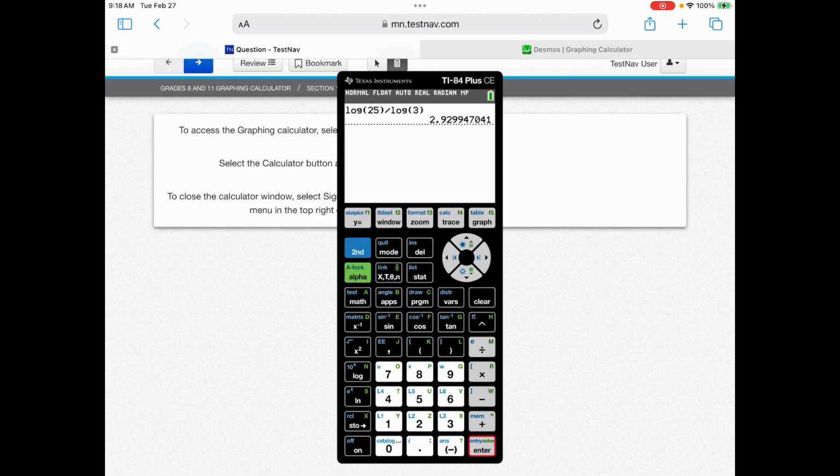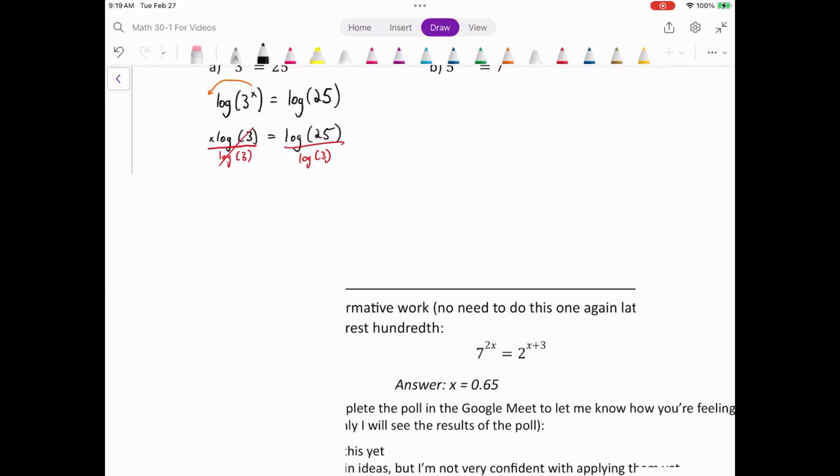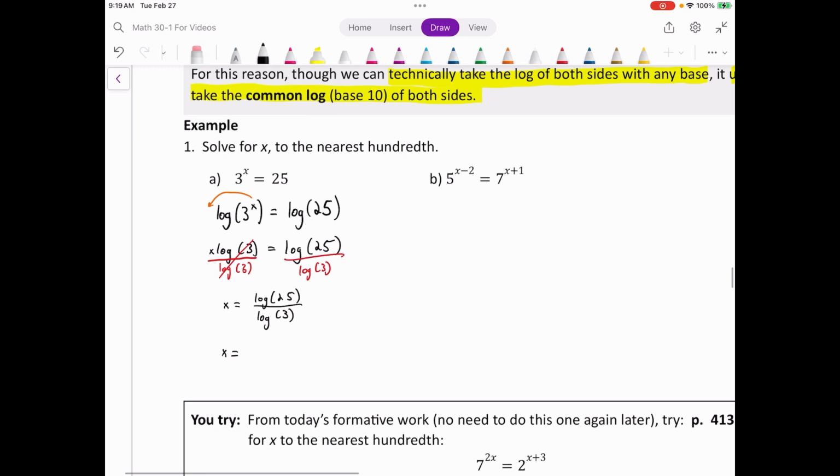So x would need to be approximately 2.93, to the nearest hundredth, which is what the question said. And hey, notice when we were checking our work, we said x should be somewhere between 2 and 3, and definitely closer to 3, because 3 to the power of 2 would be 9, which is quite a bit lower than 25, but 3 to the power of 3 would be 27, which is a little bit higher than 25.